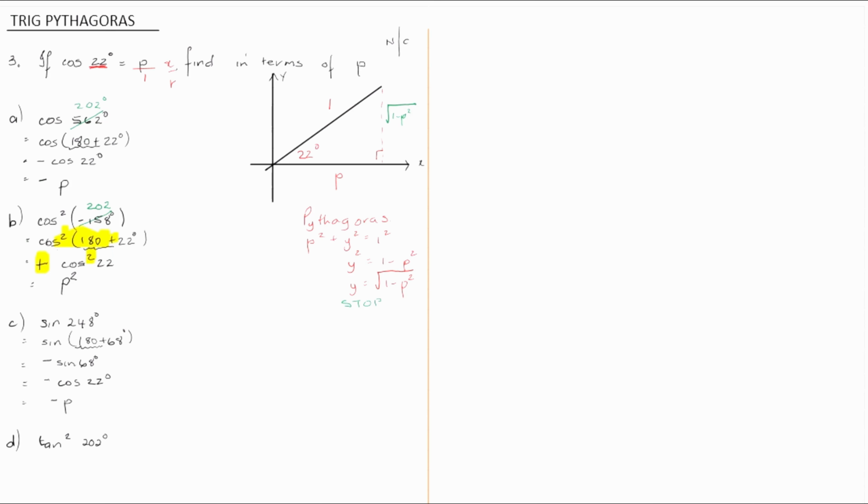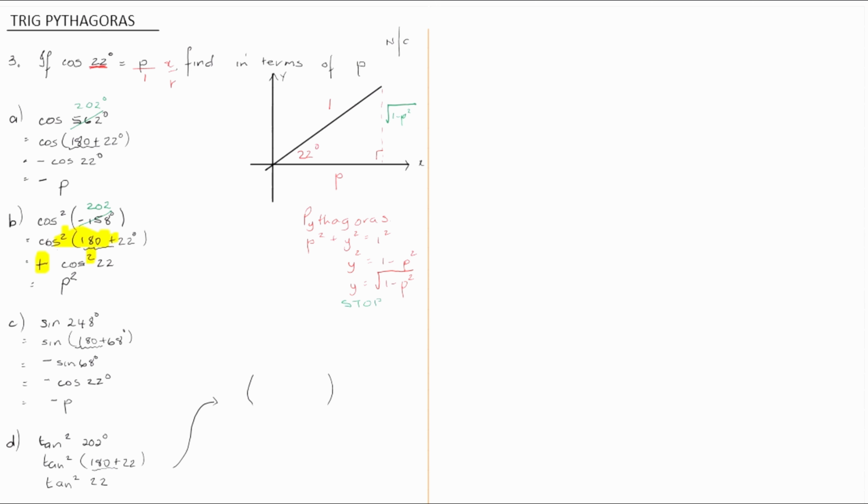And the last one, tan squared of 202. Reduce 202, it is 180 plus 22, which is in the third quadrant. And so tan would be positive, but with the square it remains positive. So it's tan squared of 22. And carrying that on over here, tan squared of 22 is squaring.